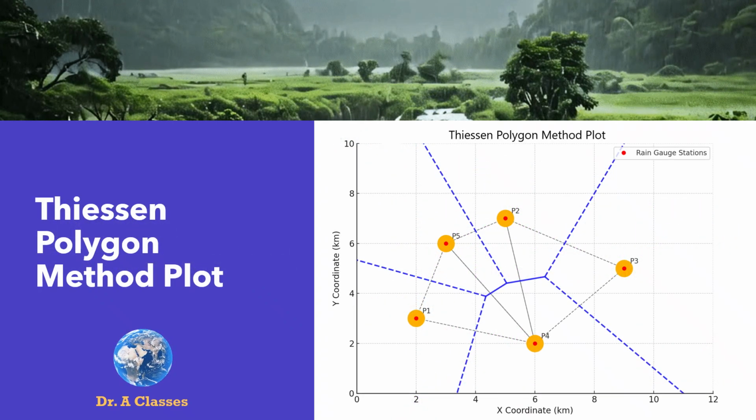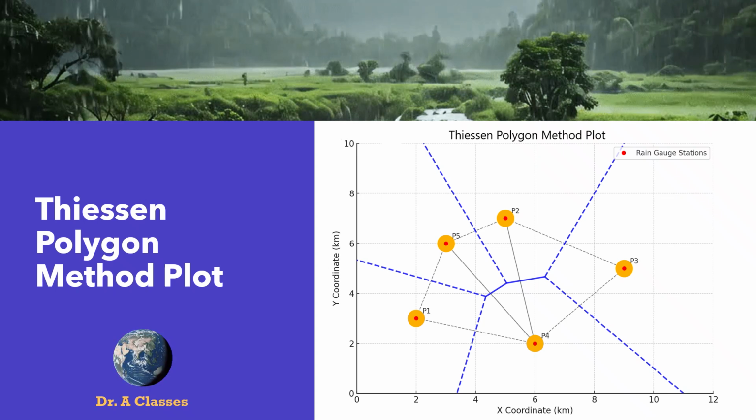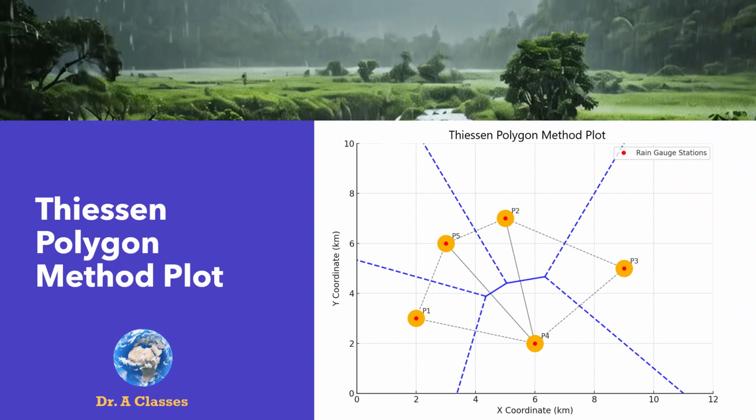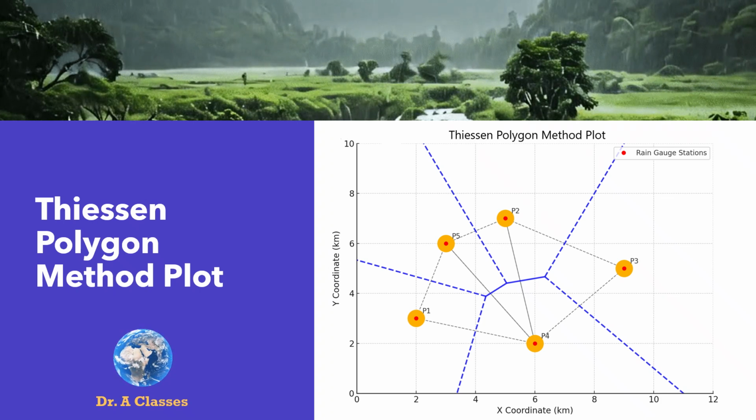Thiessen polygon method plot. The plot illustrates the Thiessen polygon method used in hydrology for estimating areal precipitation from point measurements at rain gauge stations. Here is what it represents. Red dots P1 to P5 represent locations of the rain gauge stations. Dashed gray triangles connect adjacent stations, ensuring that no point lies inside the circumcircle of any triangle.